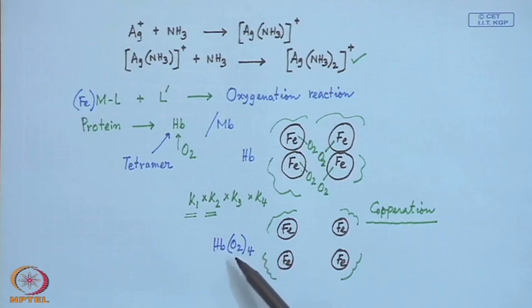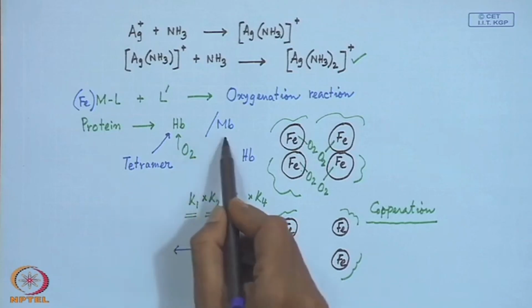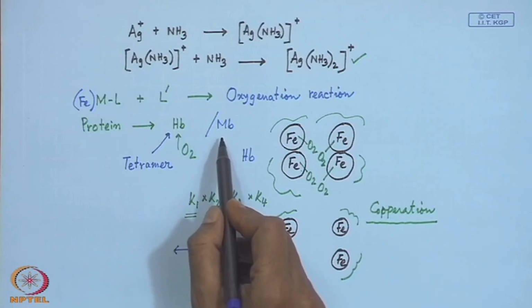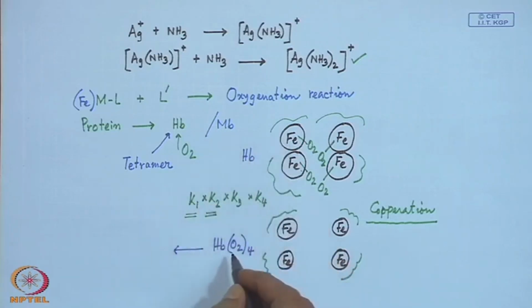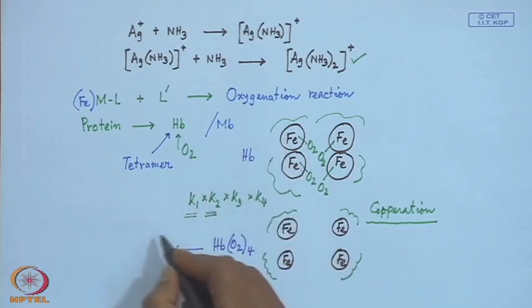which will also be known to us from the way the reaction goes in the corresponding reversible way for the deoxygenation, because this can go and deliver these oxygens to the myoglobin molecules. So, myoglobin molecules are then the acceptors, and these oxyhemoglobin molecules can go for the deoxygenation reaction.